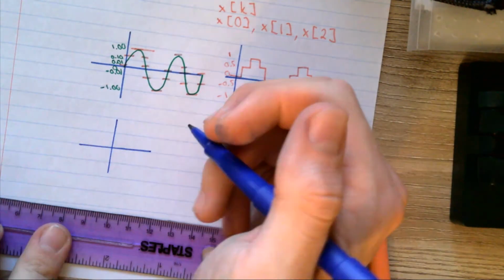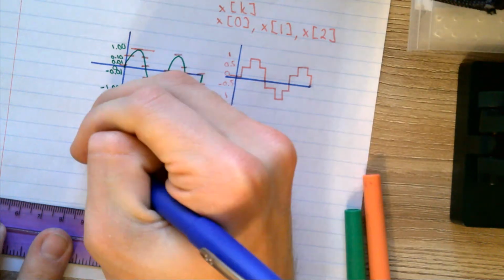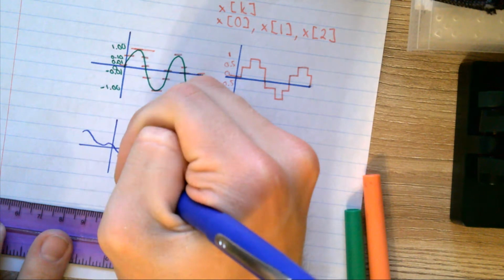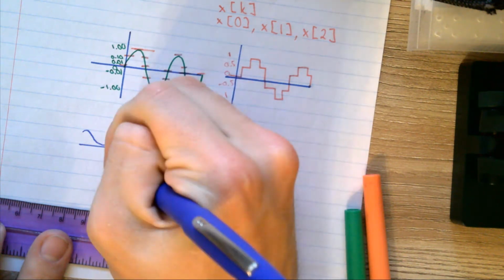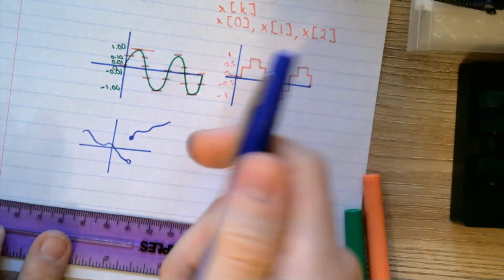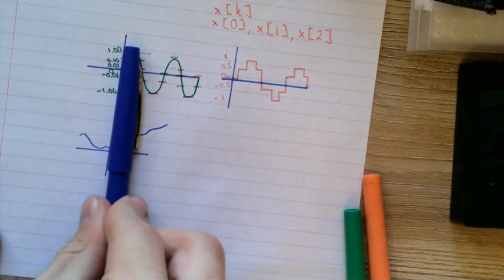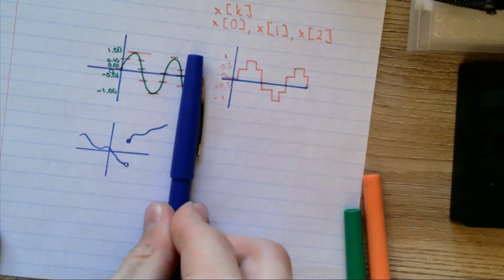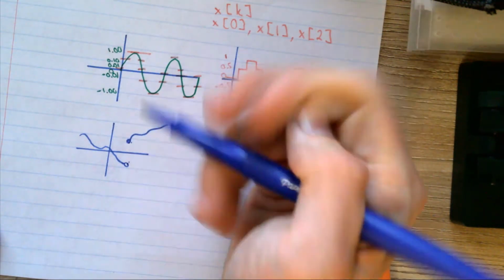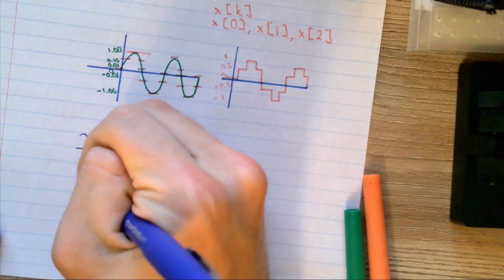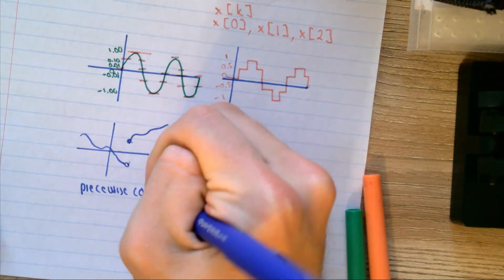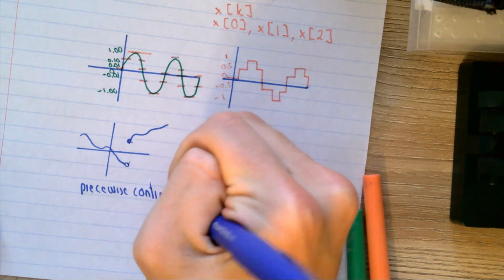Continuous means it passes the continuity test: if you have a pencil and draw a line, but it jumps at this moment and keeps going, there is still a value at every time. But this is a piecewise discontinuity where it jumps up. So this is what we call piecewise continuous.